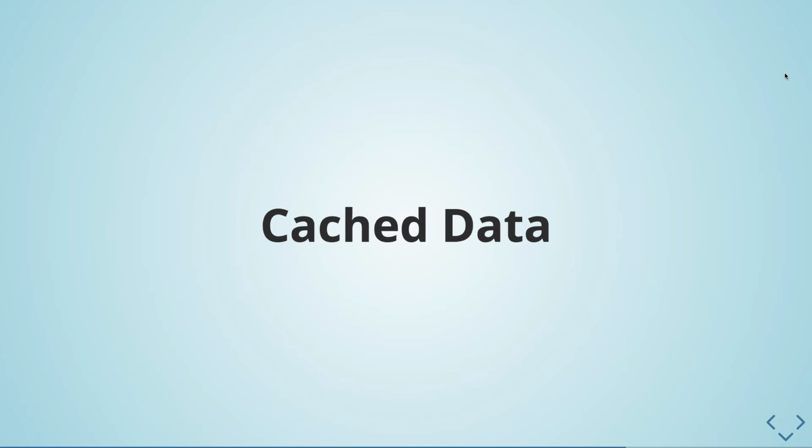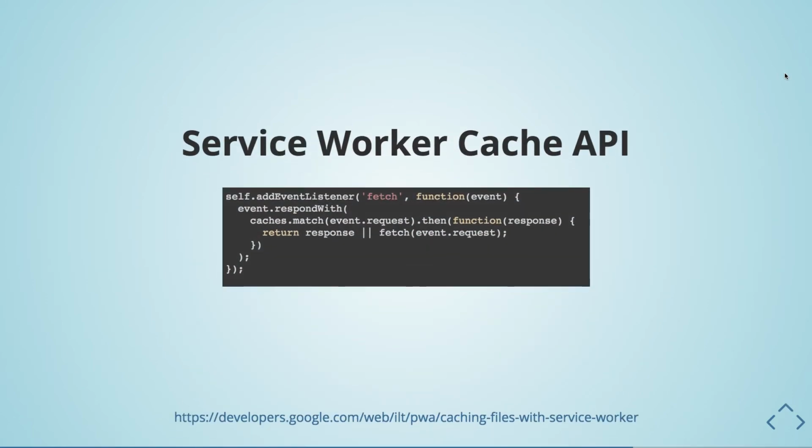Along those same lines, we have this idea of cache data. Service worker cache API, very similar. This is also from Google on the bottom. This is their try cache first, if not, go get it from the network strategy. It's still using the service worker cache API. And we're saying, when a fetch event happens, respond with: do I have this in cache?